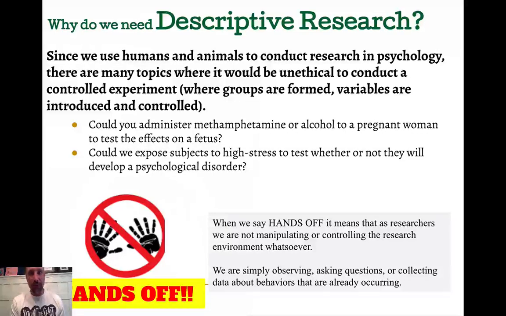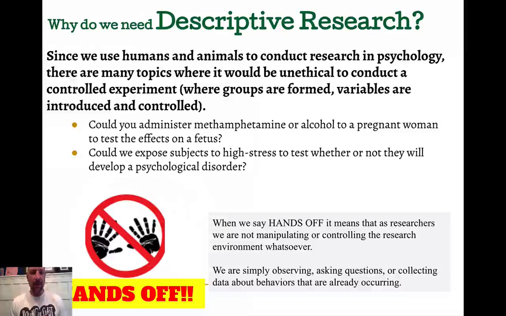But there are, unfortunately, pregnant women in the world that are using drugs. So I could find those women and do research on the fetus, or on the baby after it's born and has come out after the mom has used meth. I can't make them do that, but I can describe and collect data on behavior that's already happening.